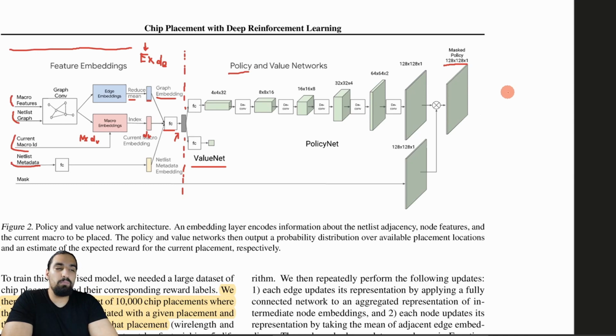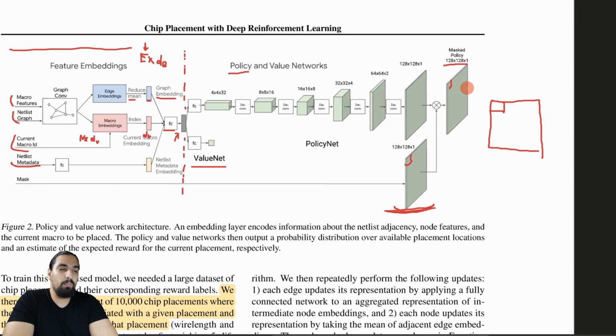It would be really simple, but additionally you need to mask certain areas. For example, if you have your chip canvas and you've already placed a macro here, let's say that's this part, and this part, then they'll have this density mask, which will be used to mask out certain pixels, basically to 0.